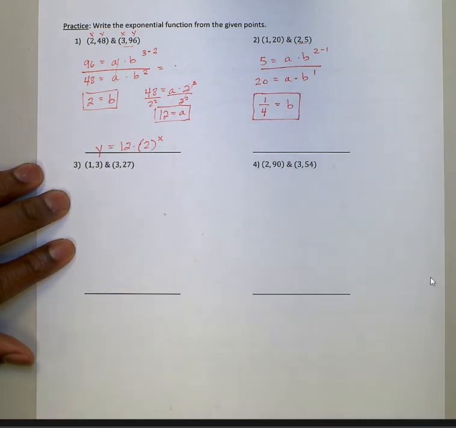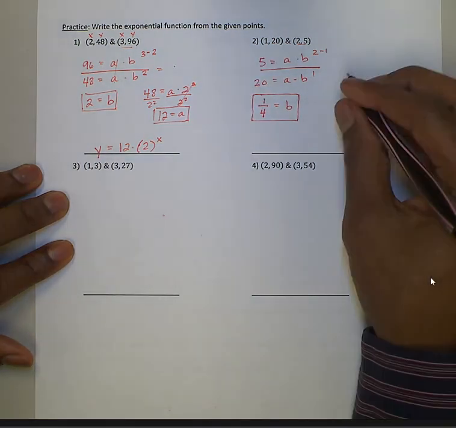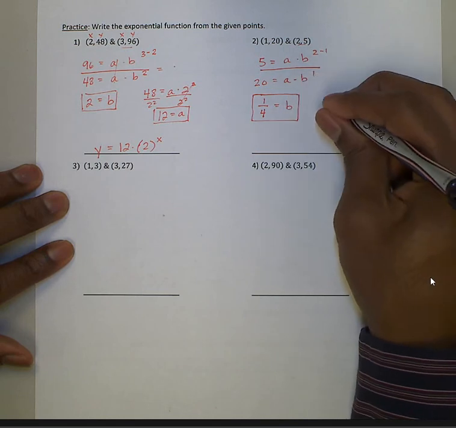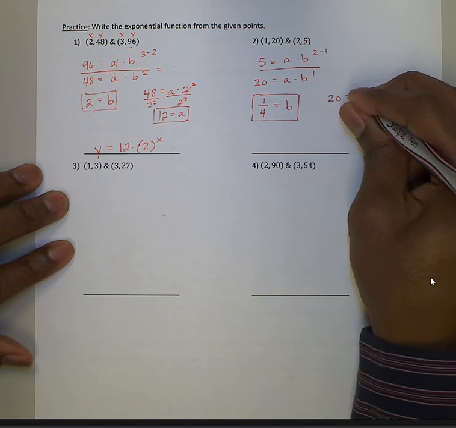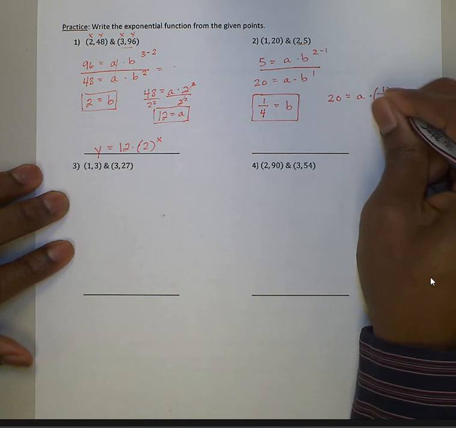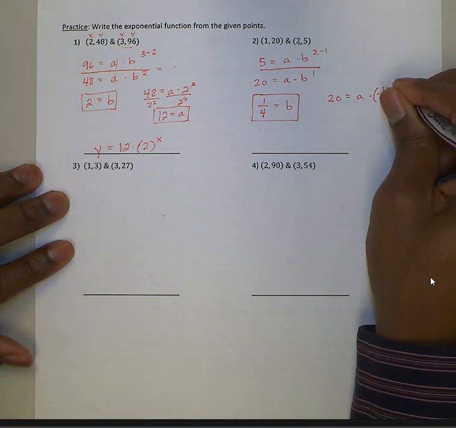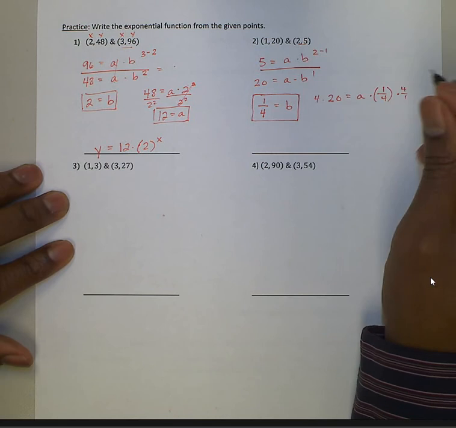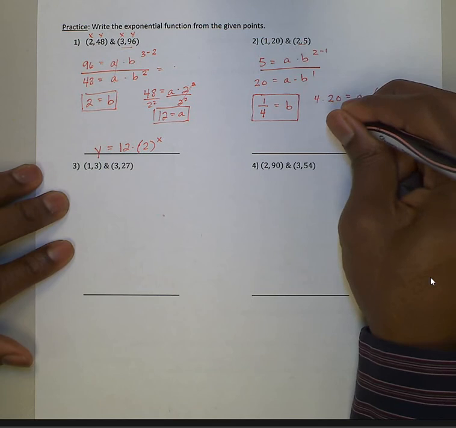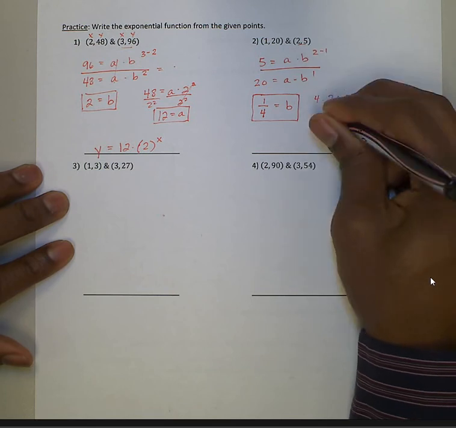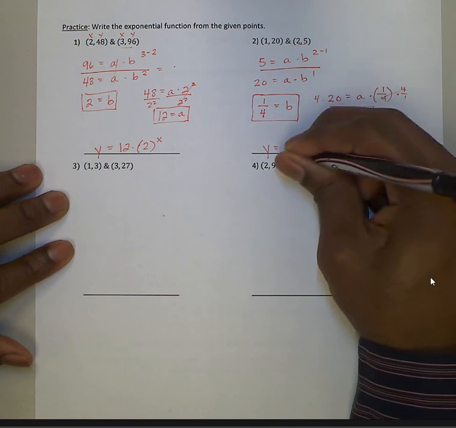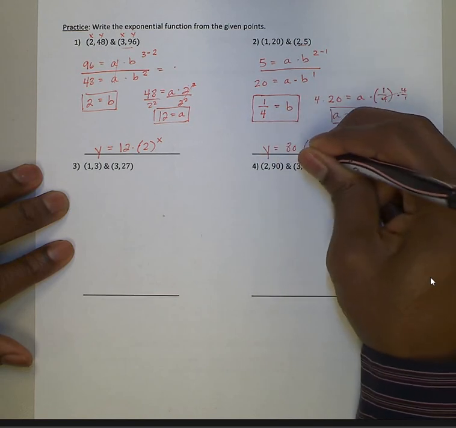I'll plug this into the bottom equation: 20 equals a times 1/4. Divide both sides by 1/4, which means we're multiplying by 4, because that makes this cancel out. So a will equal 80. So now my equation is y equals 80 times 1/4 to the x.